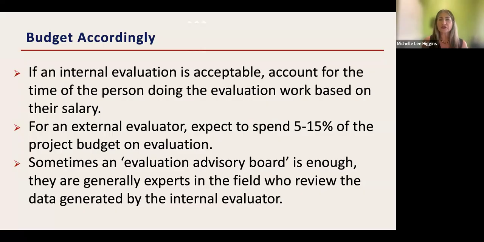If you're working with an external evaluator, you're going to want to put at least 5% of your project budget to the evaluator. And it kind of depends too on how big your project is. The bigger the project, the more the percentage will increase because there are more moving parts and more people involved.